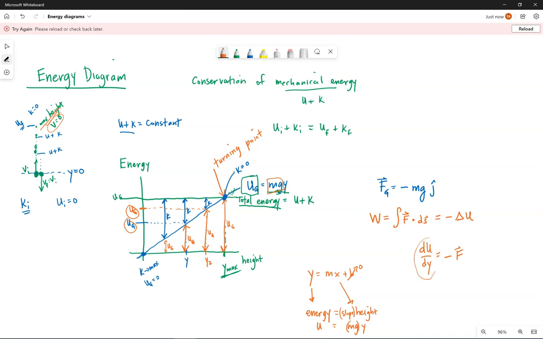Ultimately, since we have a graph of energy per height, the slope of that graph represents the magnitude of the force, in the opposite direction. That's a unique relationship for potential energy and the force that we are describing the potential energy interactions with. So that applies to the force of gravity, but it would also apply to a spring.